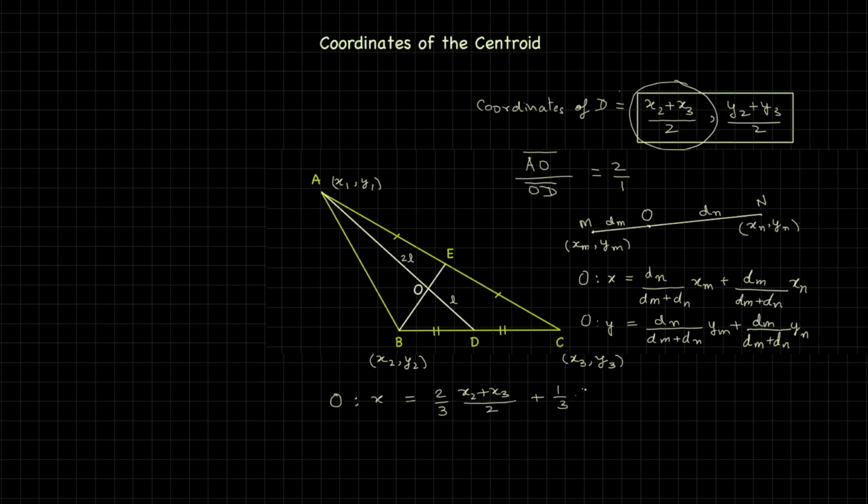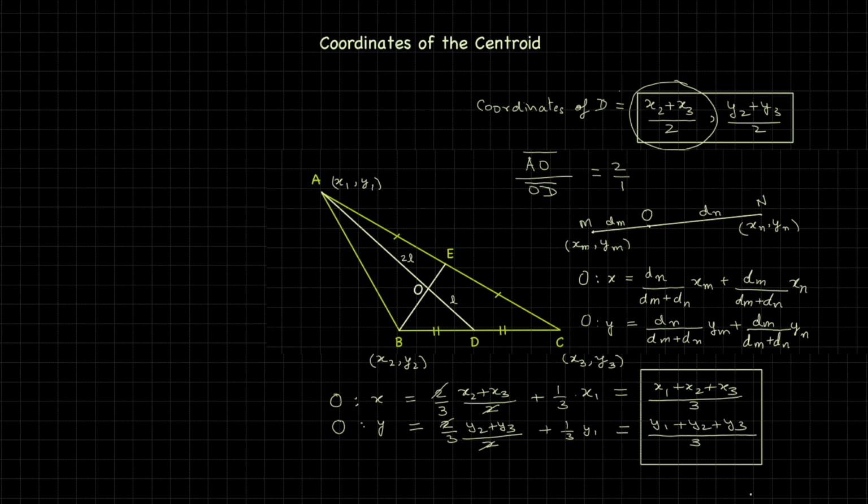So if we simplify this expression, we will get (x1 plus x2 plus x3)/3. Similar process for coordinate y gives (y1 plus y2 plus y3)/3. So the coordinates of the centroid of a triangle are given by these formulas.